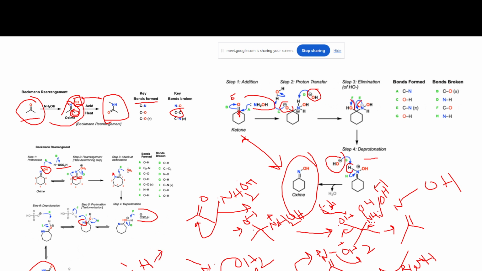So ultimately you will get the product like this. You have double bond O and NH. This becomes NH and this becomes methyl.